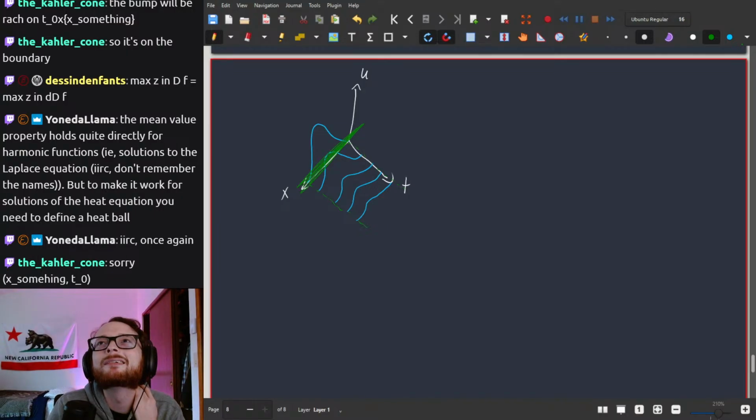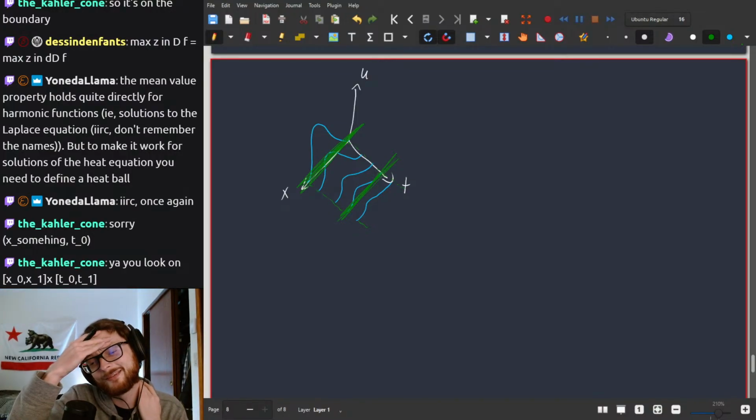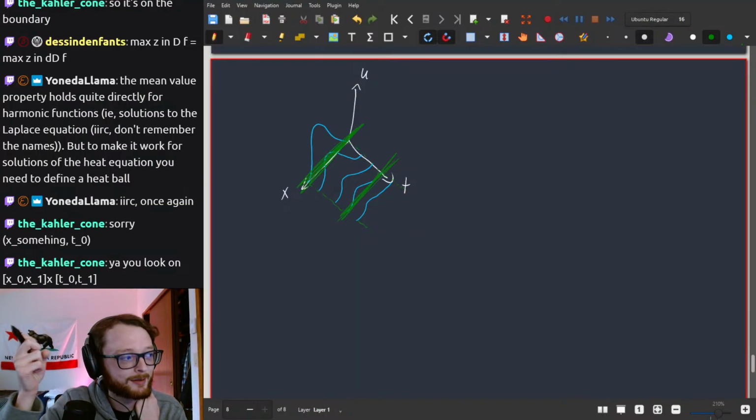Oh. Huh. Okay, that makes sense. Yeah, because this describes how heat dissipates.